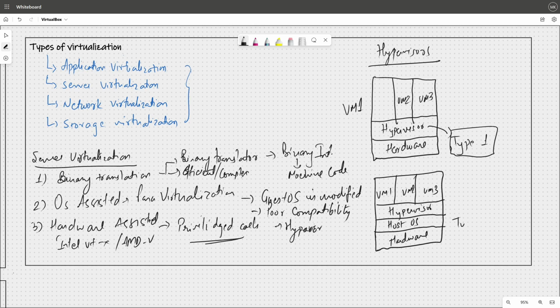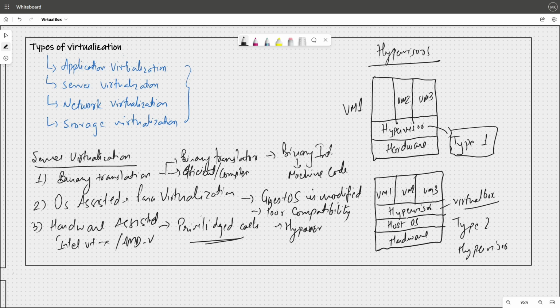This is called your type 2 hypervisor. The only difference between type 1 and type 2 hypervisor is that type 2 hypervisor sits on top of a host operating system. Here it can be Windows, it can be Linux, or it can be anything. And one example of type 2 hypervisor is Virtualbox.